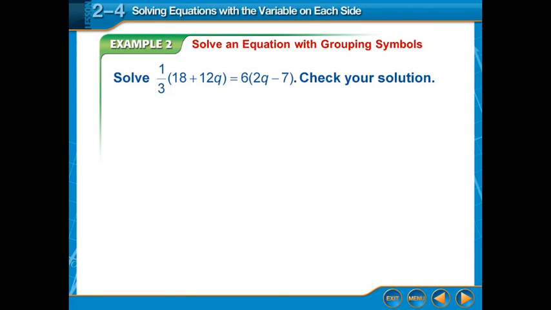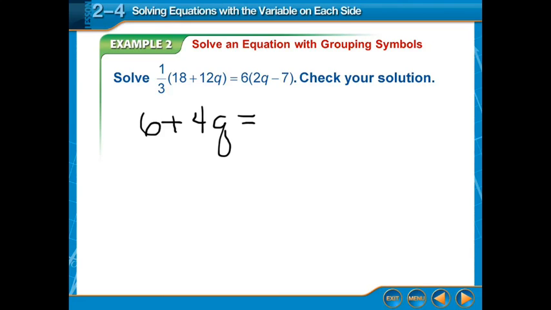Let's look at the next one. Sometimes distributive property is easier than trying to simplify the fractions. In this case, I can easily take 1/3 of 18 and 1/3 of 12. So if you have a lot of fractions, you need to consider a couple of strategies before you decide on one that will create more fractions. So 1/3 of 18 will be 6. 1/3 of 12 would be 4q.